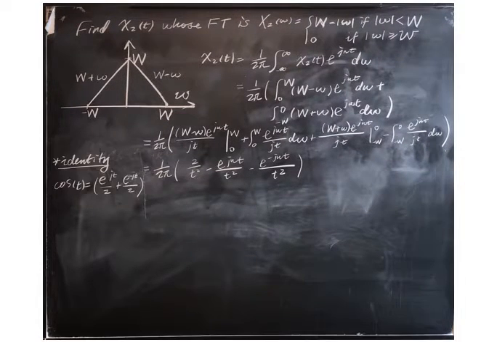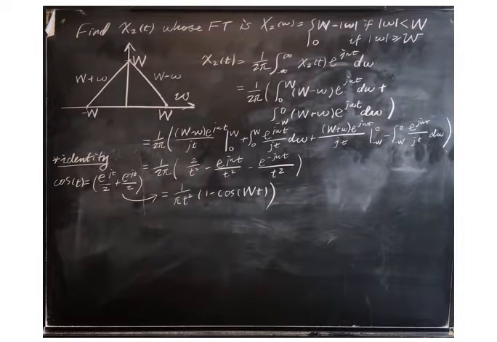And we have this. Here we use another identity, which is cos t equals e^(jt)/2 plus e^(-jt)/2. Using this identity, we can transform the result into 1/(πt²) times (1 minus cos Wt).